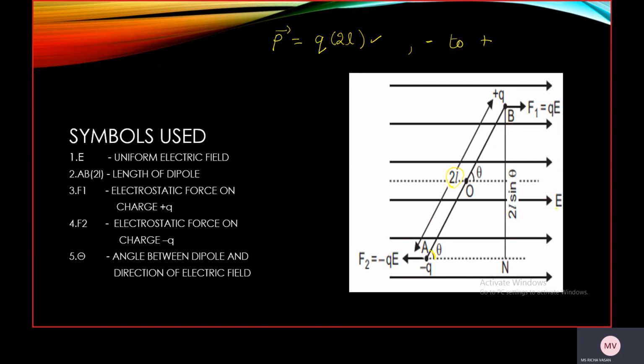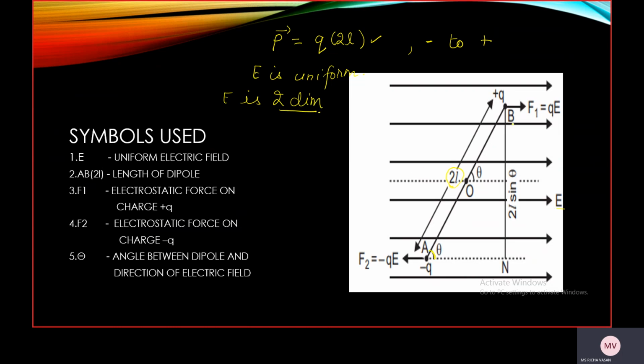This E is the electric field intensity. The arrows, the parallel lines which you are seeing, these are the electric field lines, and as they are equidistant, so we will say that E is uniform. And as we are considering it in a plane, and we know that plane is a two-dimensional figure, so here E is two-dimensional also.